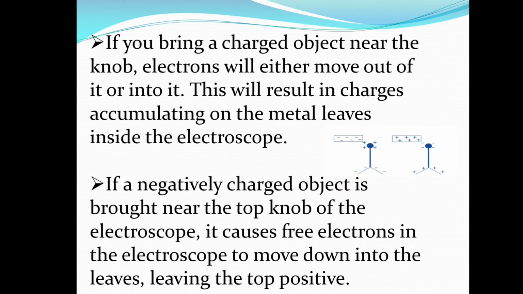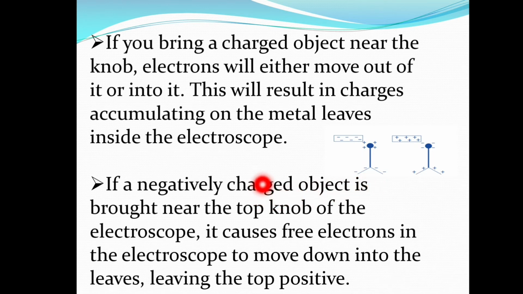So what is the main thing that is happening in an electroscope? If you bring the charged object near this knob, the electrons will either move out of it or into it. So it will be collecting the charges on the metal leaves inside the electroscope.